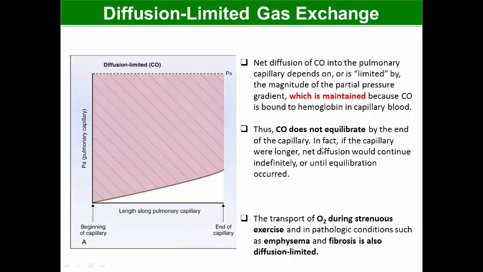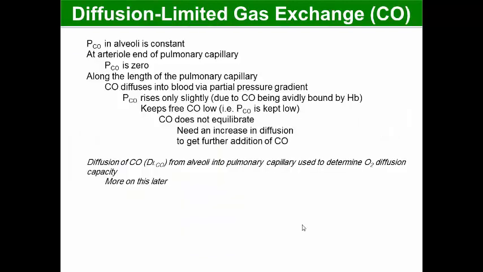In fact, had the pulmonary capillaries been longer, the carbon monoxide would continue to diffuse until equilibration occurs. Again, the transport of oxygen across the respiratory membrane during strenuous exercise and in pathological conditions like emphysema and fibrosis is also diffusion limited. It's not perfusion limited. Okay?